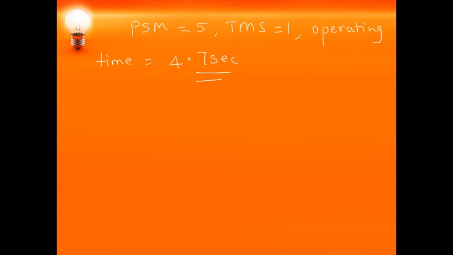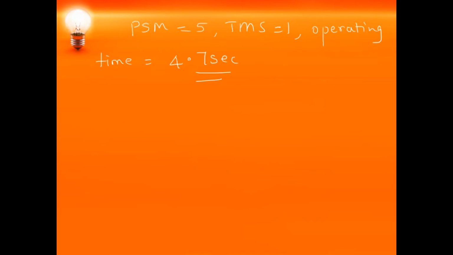But a discriminative margin is mentioned in the question, which is 0.5 seconds. That means the feeder relay and the transformer relay have to discriminate where the fault has occurred, and the time margin given is 0.5 seconds.